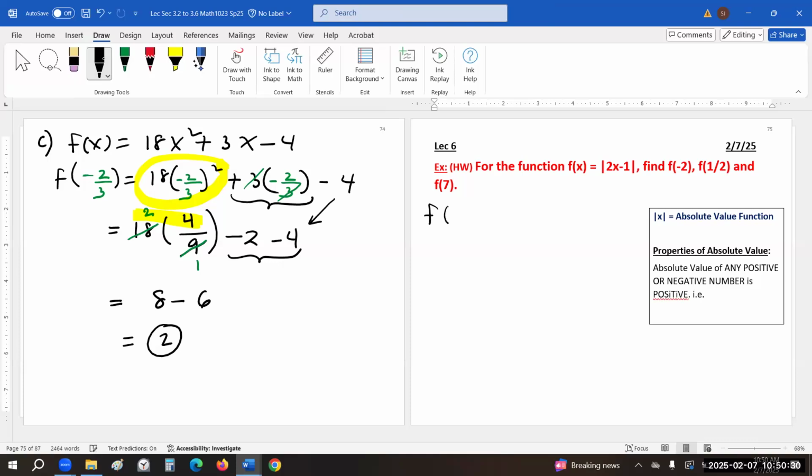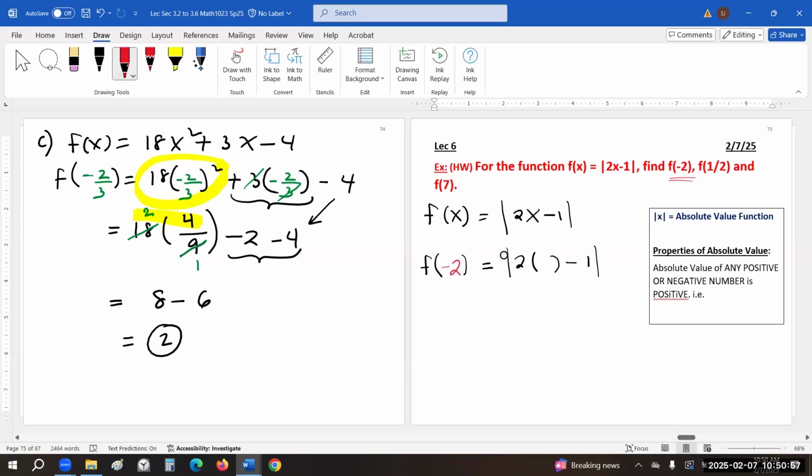Okay, so our function is f of x equals the absolute value of 2x minus 1. And they want us to find f of -2 first. So first you're finding f of -2.